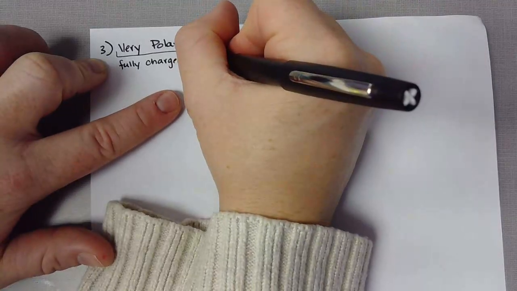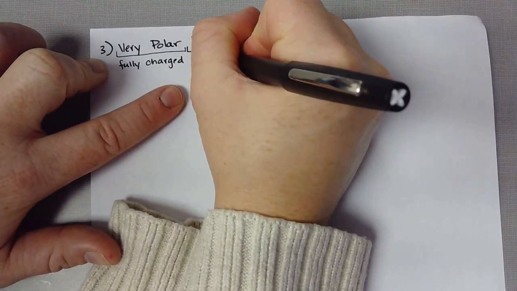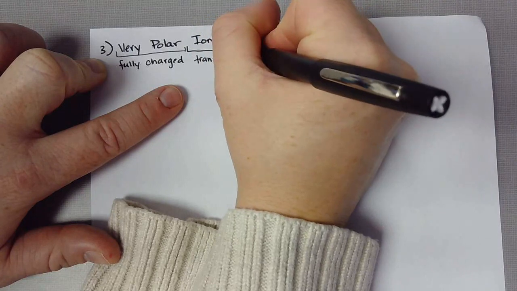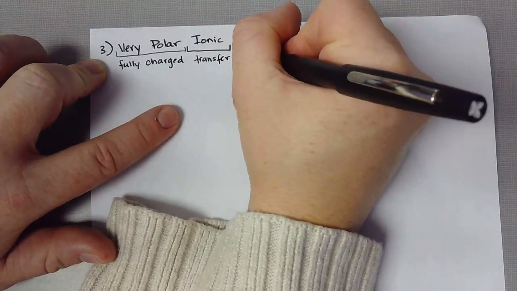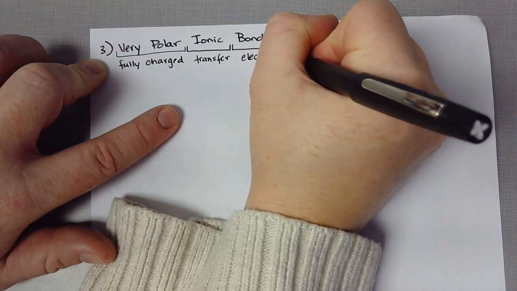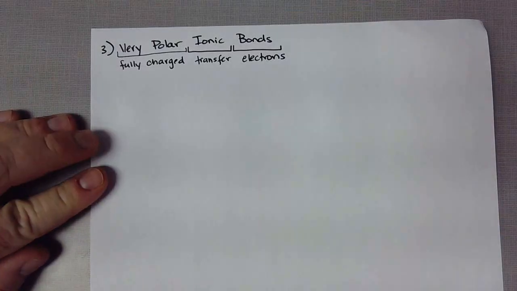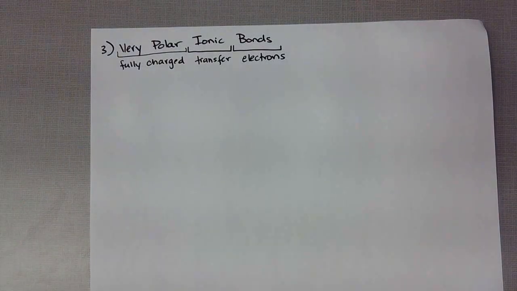Ionic means transfer. And what did we transfer? Well, it's a bond, so we transfer electrons. Okay, so very polar ionic bonds. We've broken down the term.